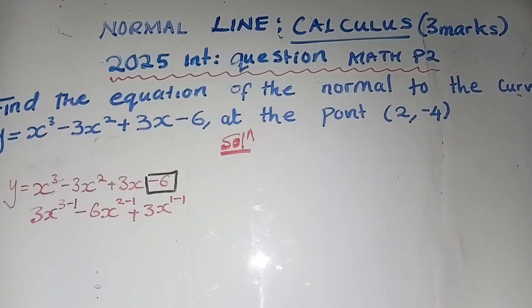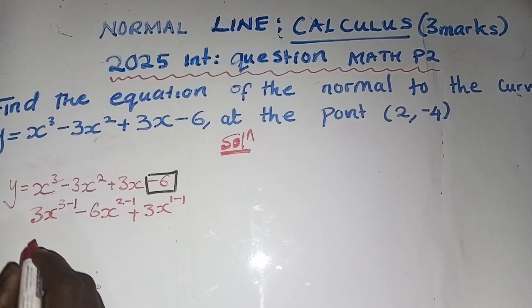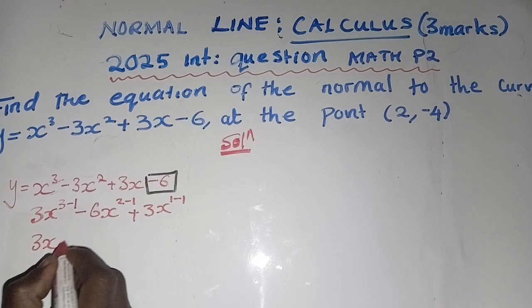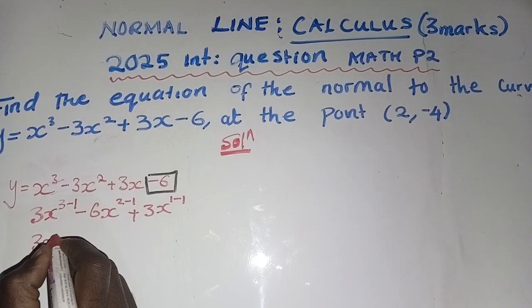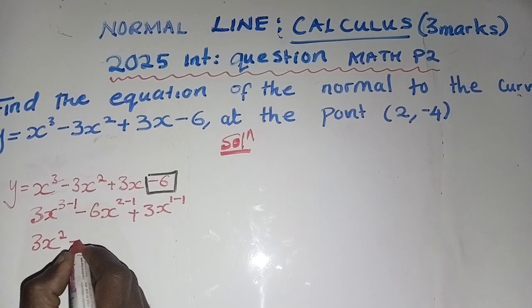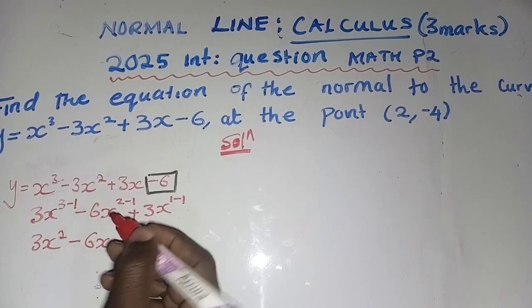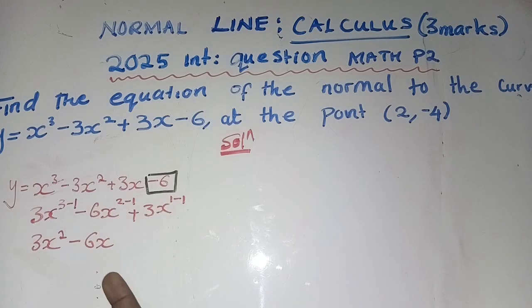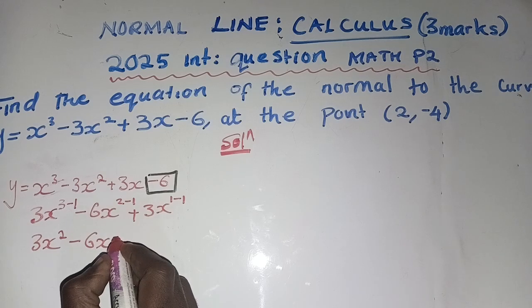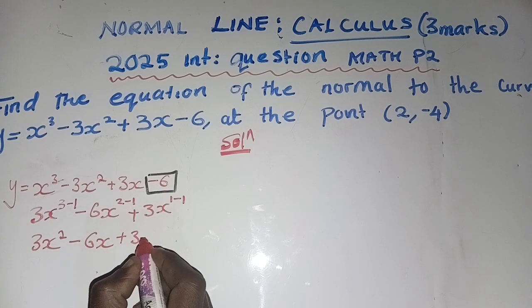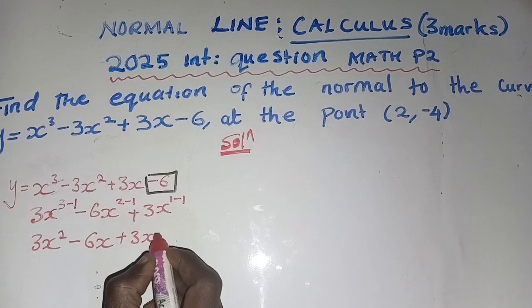Now according to this part, let us subtract. We say 3x, 2 minus 1, it is 2, then minus 6x, 2 minus 1, it's 1. We don't show the 1, it is just invisible on the power. Then plus 3x to the power 0.